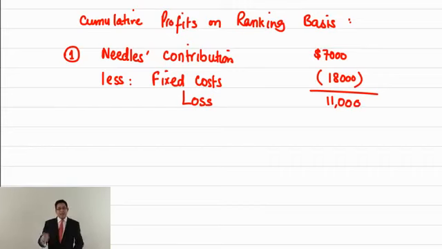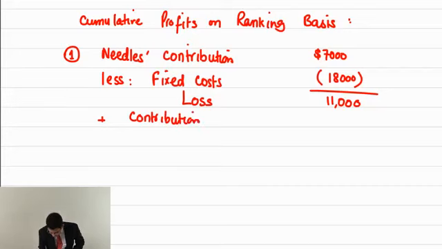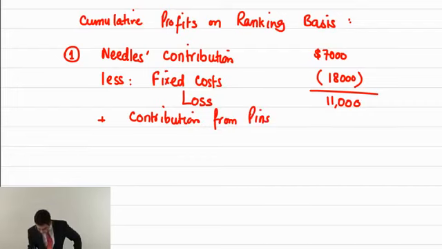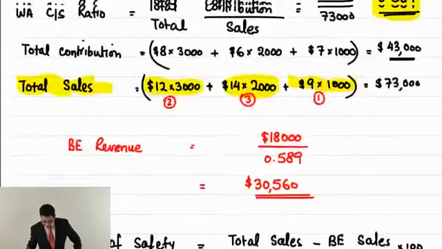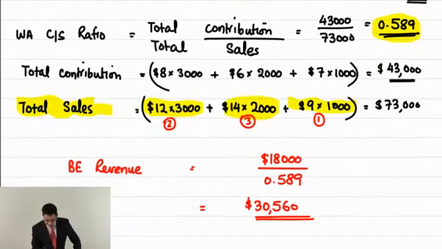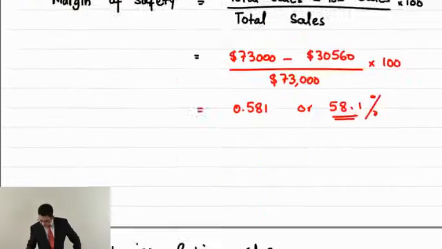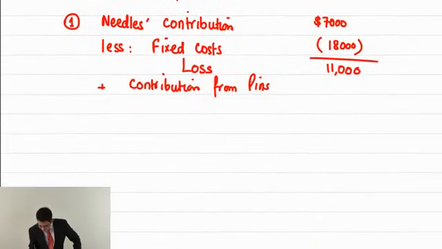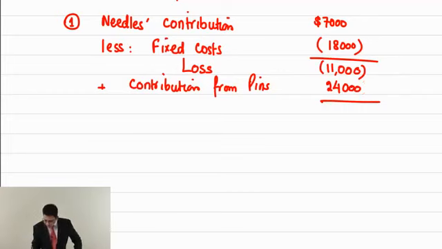Then we will add contribution from pins, which is the second ranking product. The contribution, I just need to pull out, here is the contribution, 8 times 3, 24,000. And here is the profit.